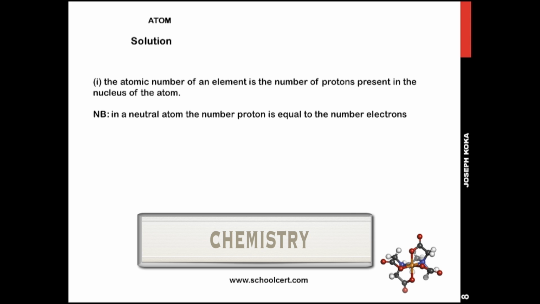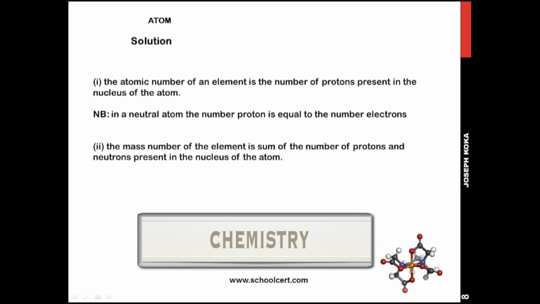If the atom is neutral, that is to say, it doesn't have any charge on it, then the number of protons is equal to the number of electrons. The mass number of an element is the sum of the number of protons and neutrons present in the nucleus of the atom. So if you know the number of protons and the number of neutrons, you just add the two to get the mass number.